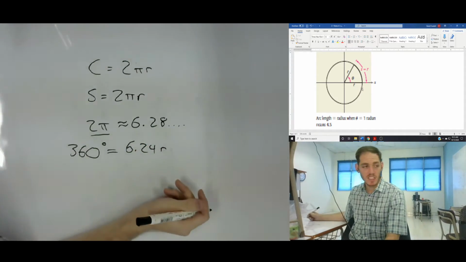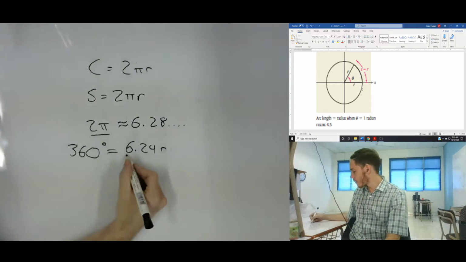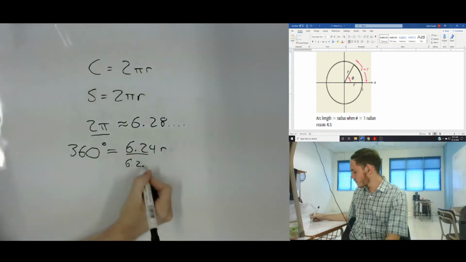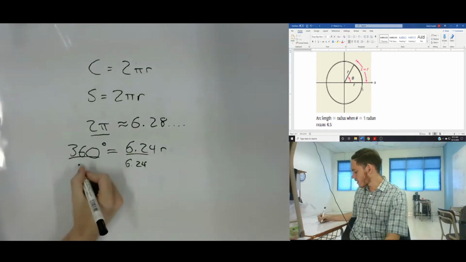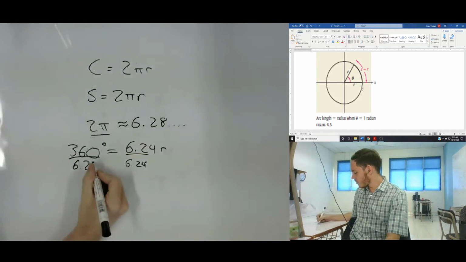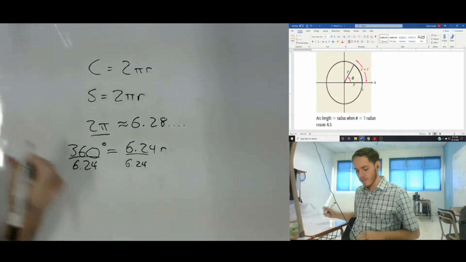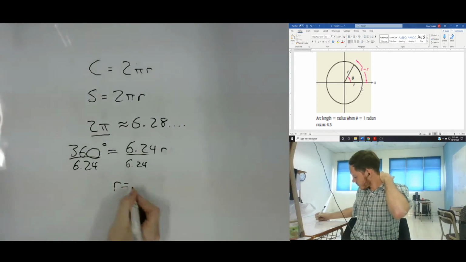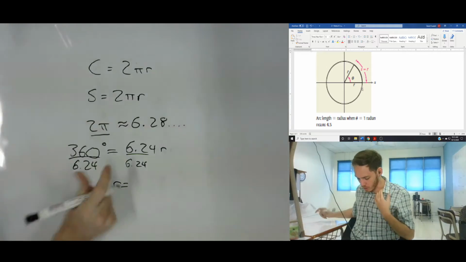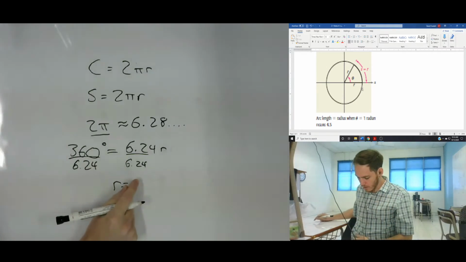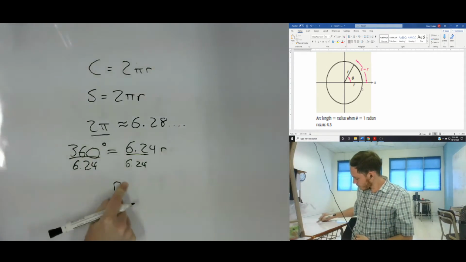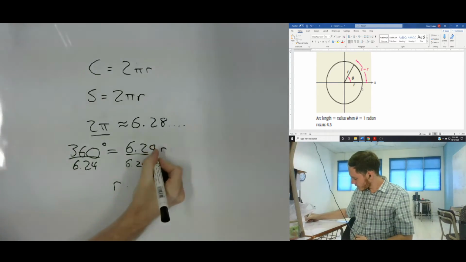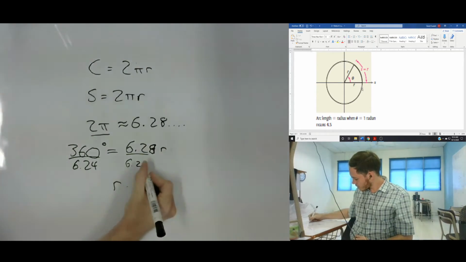Okay, divide both sides by 6.24. We're going to get an approximate measure of the degrees of a radian. So a radian will equal approximately 6.28. Okay, 6.24.